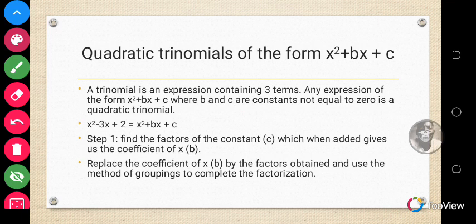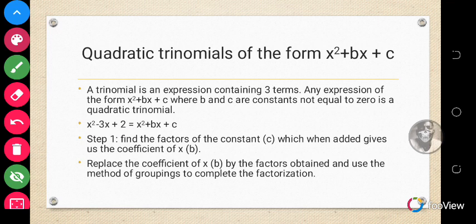This is a typical example. It has x squared to start, then a coefficient with an x, which in this case is -3, and then a constant, which is 2.